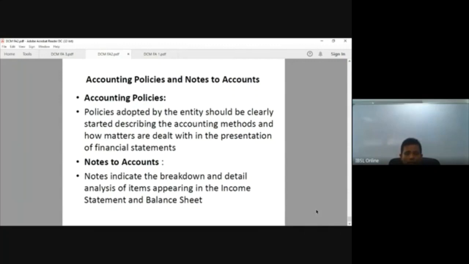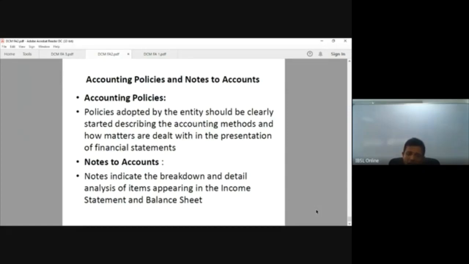Then, notes to the accounts. Notes to the accounts are also very important. The main financial statement items are the income statement and the statement of financial position. What we give in the notes is an additional explanation of those items which need additional explanation. For example, sales are normally presented in the income statement.